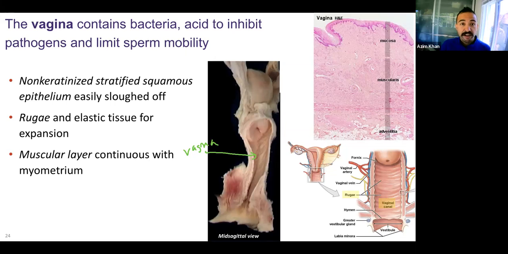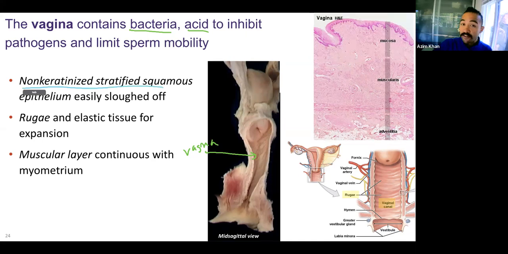It's an opening to the outside of the body, so there's risk of not only physical damage, but also infection. It contains bacteria and acid to help limit pathogens and also limit sperm mobility. So like I was mentioning, it's an arduous journey for sperm to make its way past the vagina into the uterus, into the uterine tube.